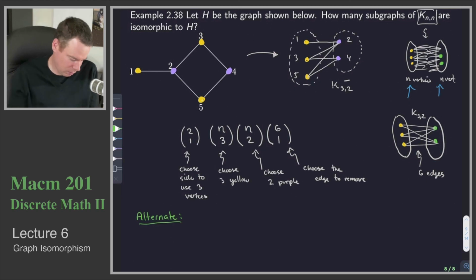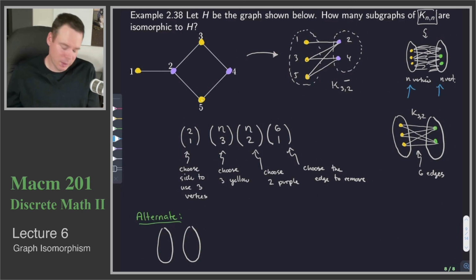So we can always look at alternate solutions. I'll give an alternate solution here. How are we going to think about it? The way I'm going to visualize it is, we've got 2 halves of the bipartition in K and N. How am I going to build the K32 with the edge removed? Well, the first thing I'm going to do is pick 2 vertices from one side and 2 vertices from the other side.